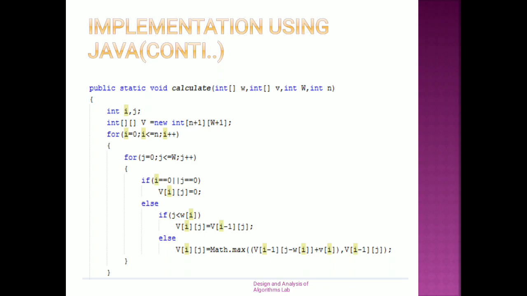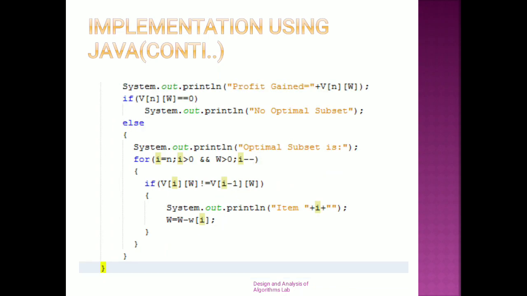That is how we fill the table. And finally, V of n, W is the total profit gained. The value of the last row, last column is actually the profit gained, so we can directly print the total profit.